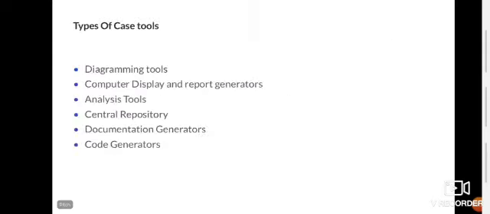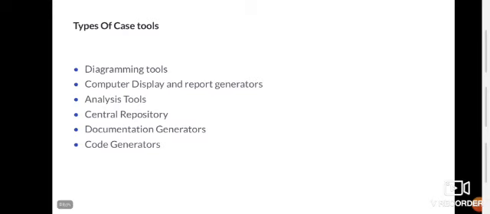Okay, coming to types of CASE tools. First, diagramming tool. It helps in diagrammatic and graphical representations of the data and system processes. It represents system elements, control flow, and data flow among different software components and system software in a pictorial form.